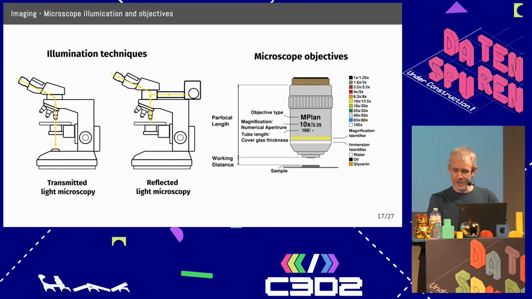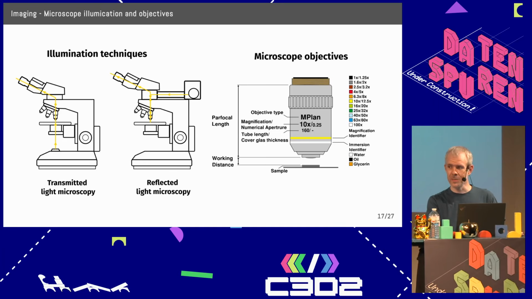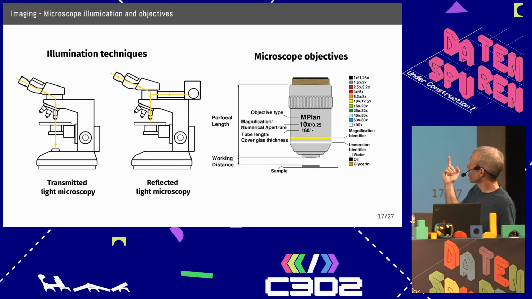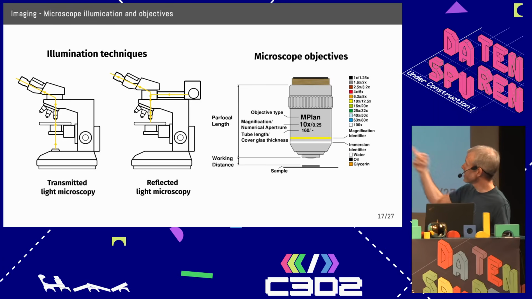This is used for metallurgical microscopes, where the light comes from the top. And plan means that the image is corrected so that the whole image is actually projected on one plane, and this is important when you want to stitch images. Then you have this tube length. This is important when you buy an objective because you need to take care that it fits your microscope.